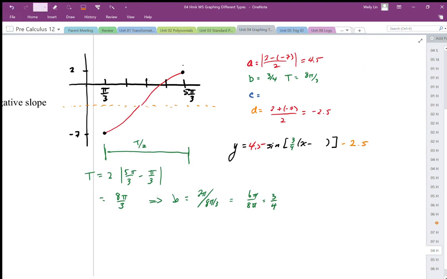So lastly, getting that horizontal shift, the C value here, we're just going to use this middle point. This is going to be the starting of the sine function, and it's based on that middle position between π/3 and 5π/3. If we want to find that, we're going to find the average.